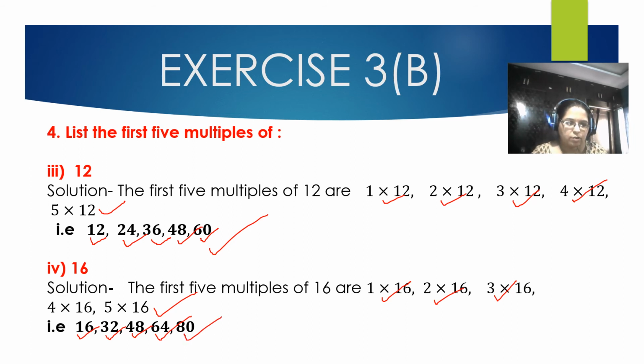So these are the first 5 multiples of 16: 16, 32, 48, 64 and 80.